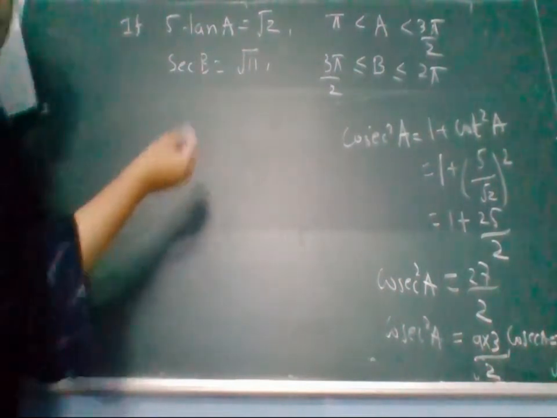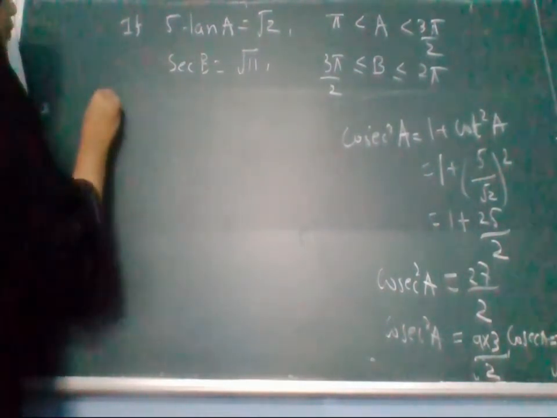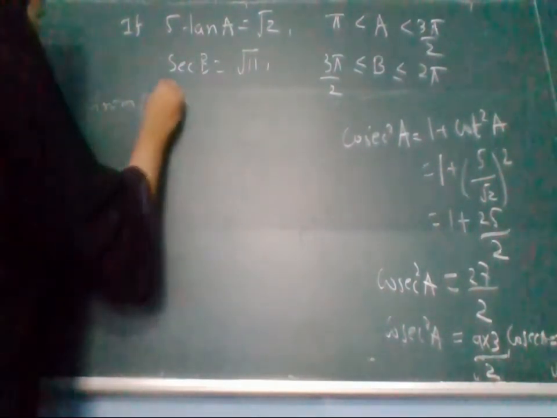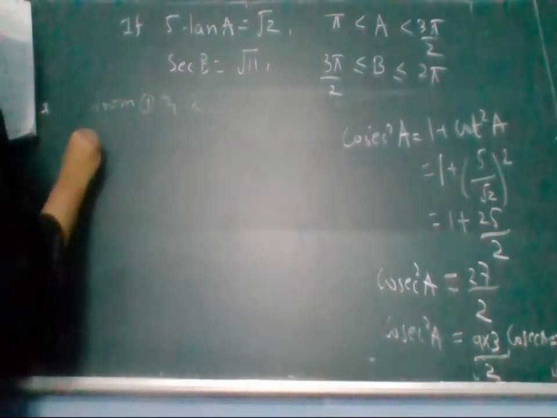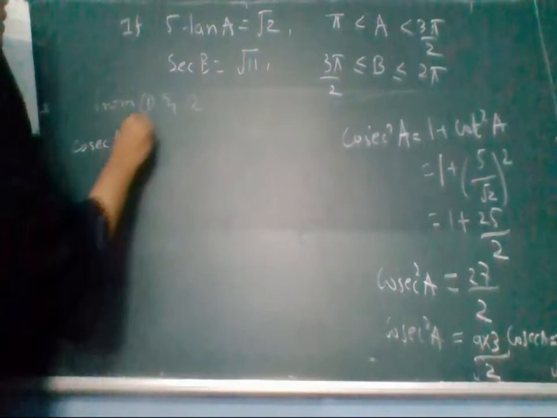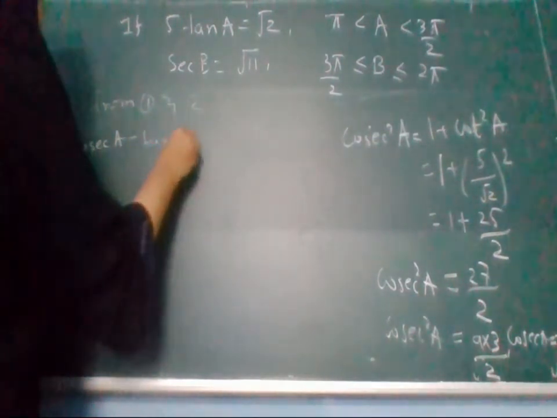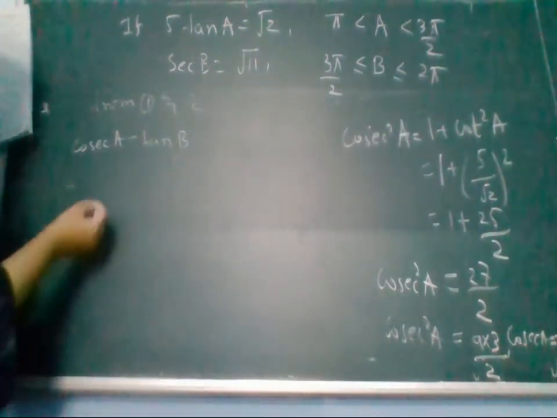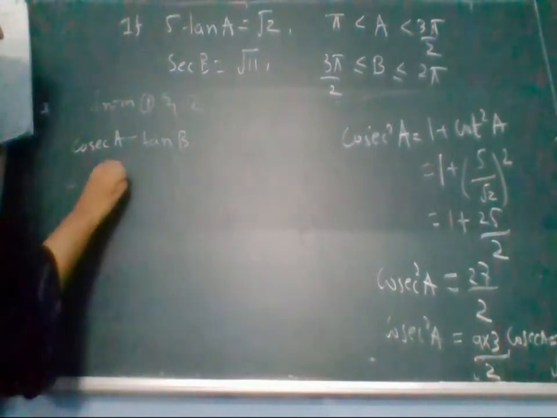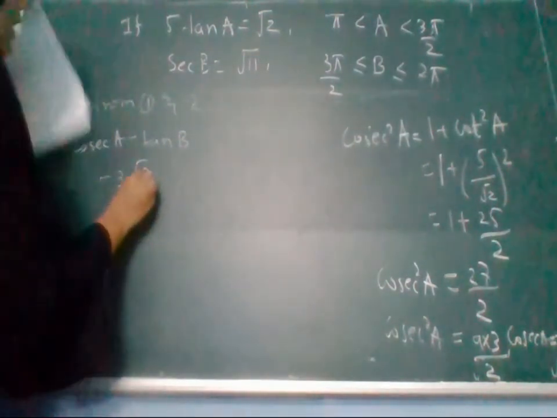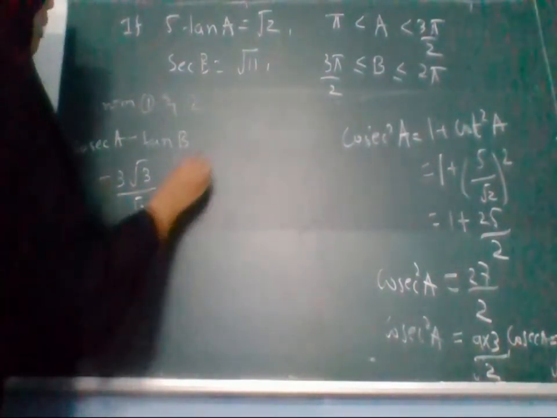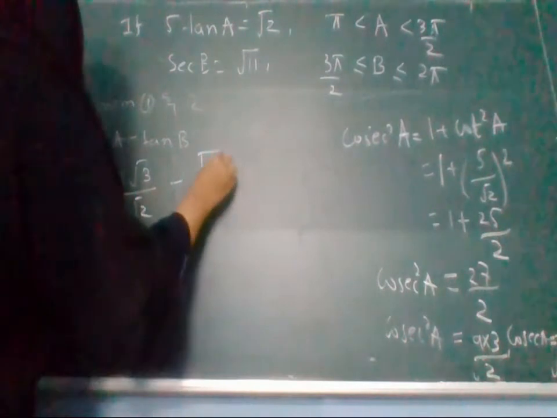So from equations 1 and 2, what we have to find? We have to find cosec A minus tan B. So what is the value of cosec A? It is minus 3 root 3 upon root 2, minus of minus root 10.